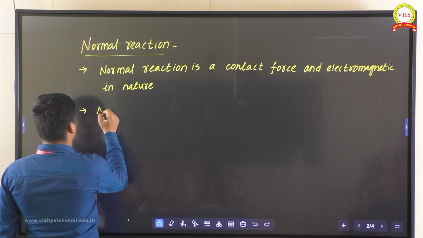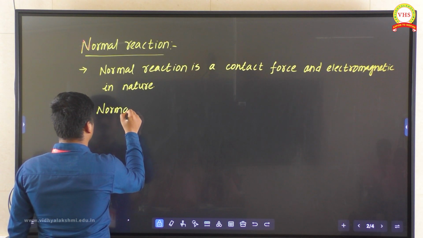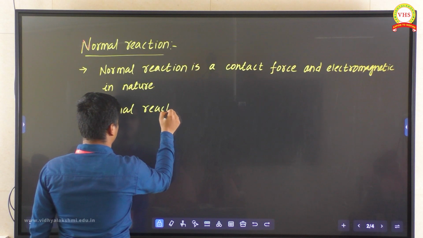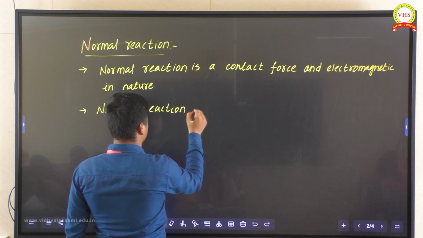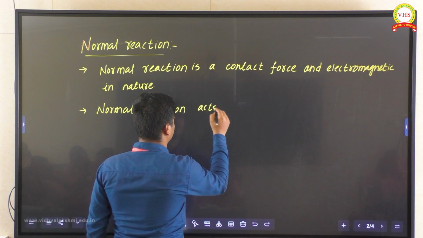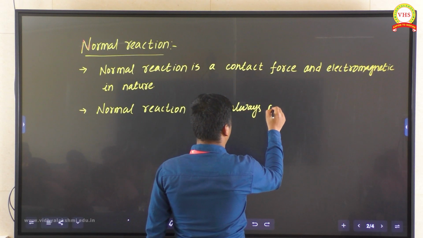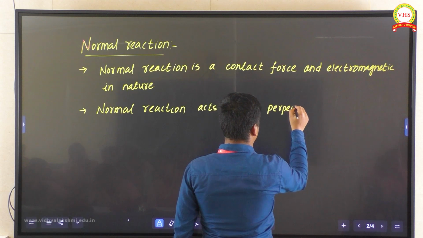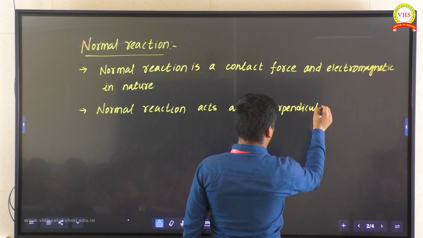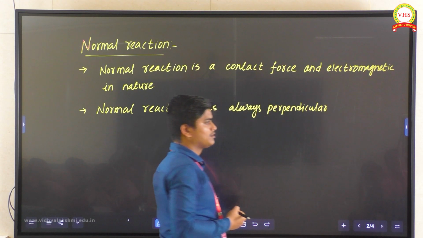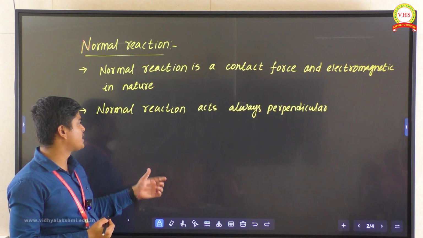Now next, write: normal reaction acts always perpendicular to the contact surface. So the direction of normal reaction, we'll try to understand in the illustration.